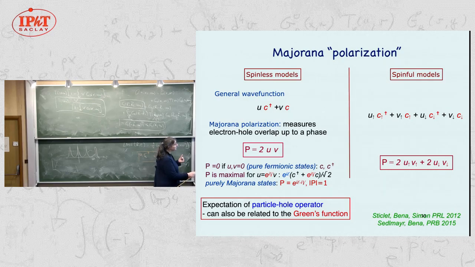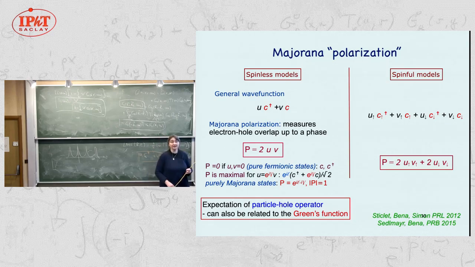So this polarization is a vector in the complex space, which captures the relative phase between the electron and the hole, and also the overall phase of my wave function, and of course the magnitude of the electron and hole components.